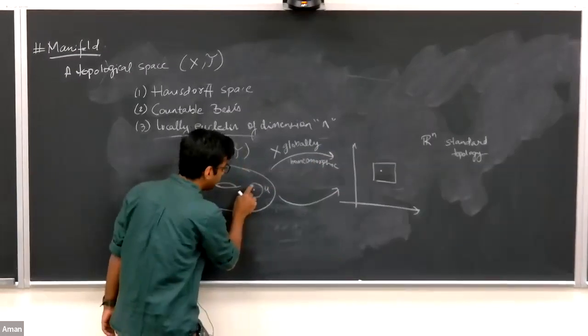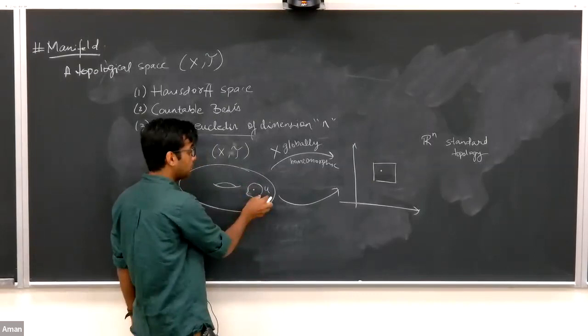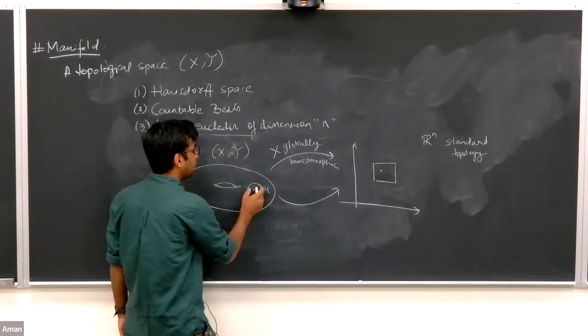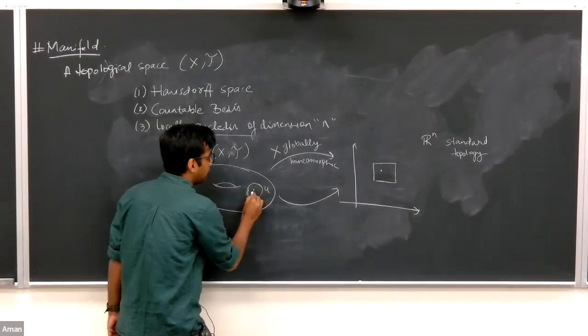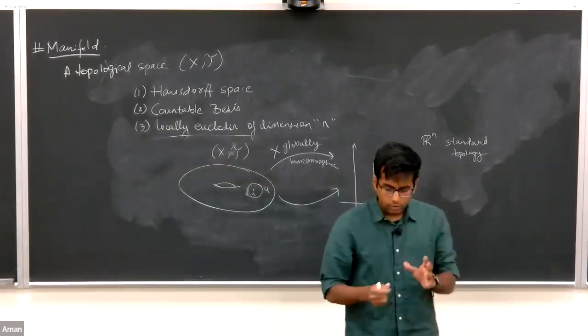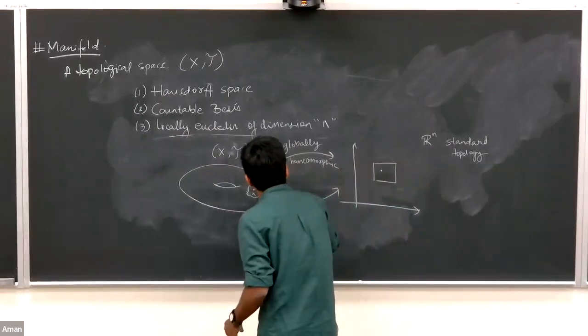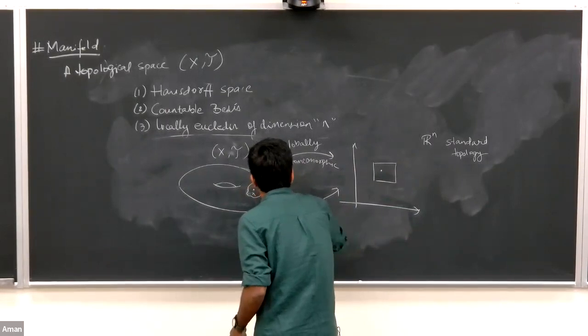Local homeomorphism means that this neighborhood, a small area around the point x, should be homeomorphic to the Euclidean space. We only care about this region being homeomorphic to the Euclidean space.